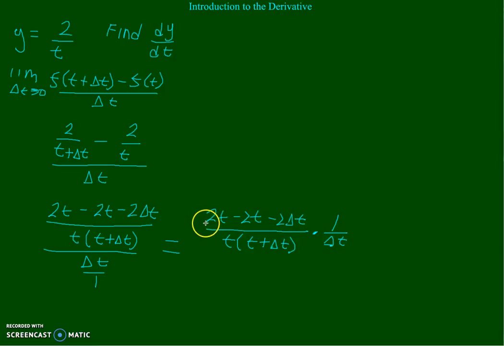So we can see here that the 2t and the negative 2t cancel out, and we have a delta t divided by a delta t here.